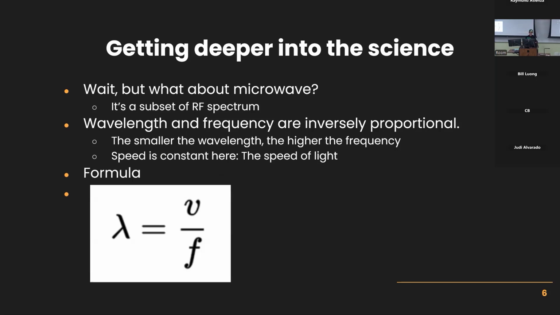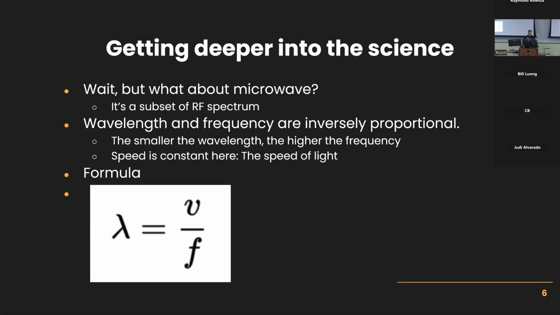If you want to get more specific, microwaves start from around 3 gigahertz and go up to 300, and radio is below 3 gigahertz, but you can classify them in the same boat as radio waves. It is still capable of direct communication, but just at higher frequencies.